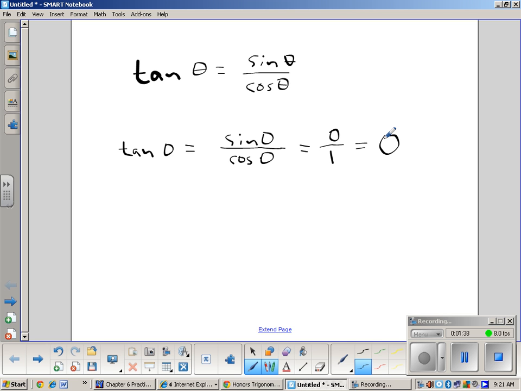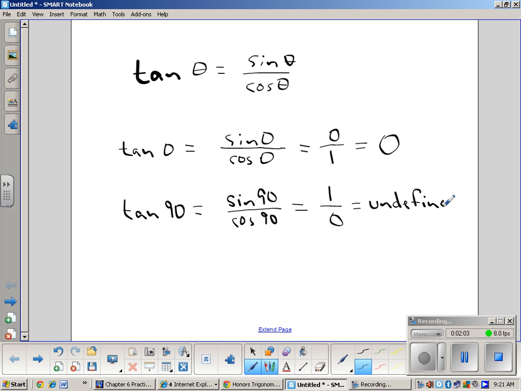But when I ask for tan of 90, it would be undefined. I get sine of 90 over cosine of 90, and sine of 90 is 1, and cosine of 90 is 0. So in this case, it's undefined.